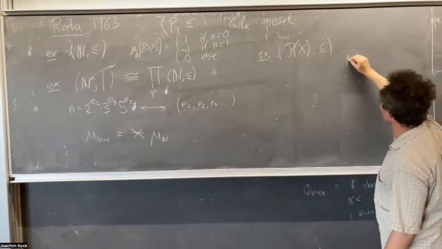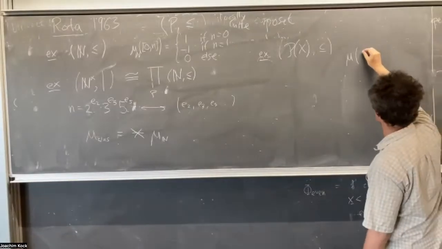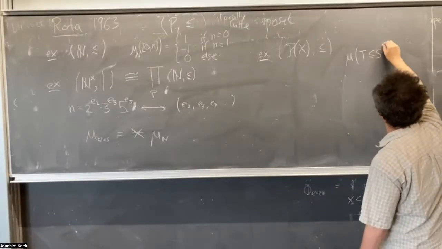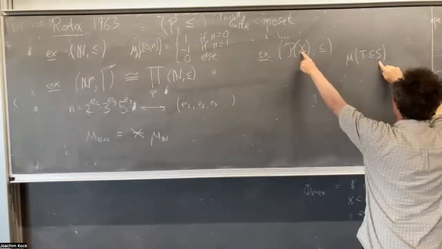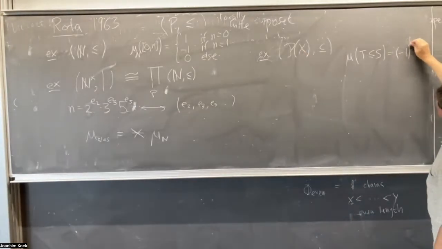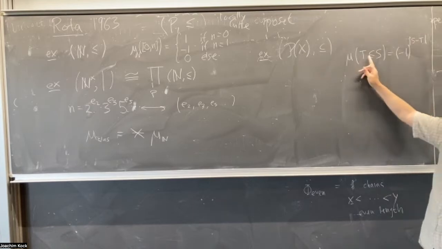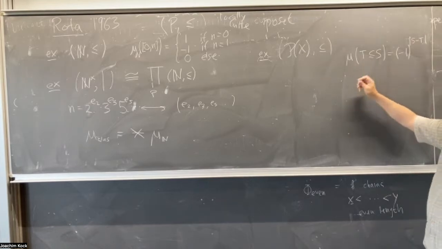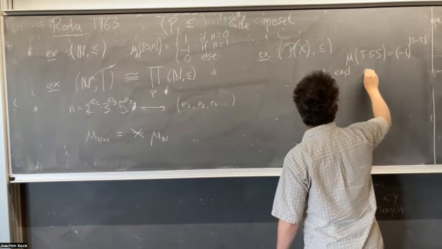Then what you find is that the Möbius function of an interval from T to S, so these are subsets of this finite set X, is -1 to the number of elements in S minus T. So if you unpack that, that's precisely the usual inclusion-exclusion principle.